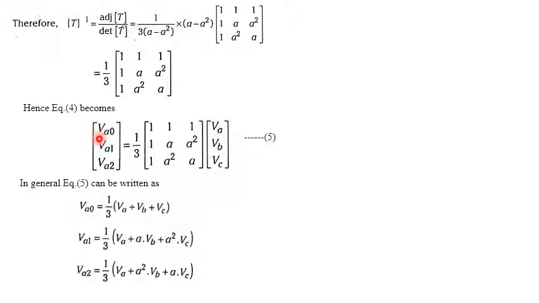To calculate Va0, we have 1 multiplied by Va, plus 1 multiplied by Vb, plus 1 into Vc. Similarly, for Va1, it is 1 into Va, then a into Vb, and the next term is a square into Vc.